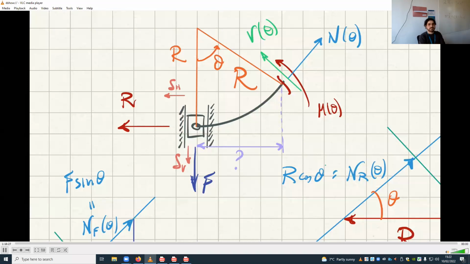How much is this? How much is that? If you notice that this thing is exactly this. You agree? It's the same thing. And so this is an angle with hypotenuse r and an angle of theta. So how much is this?